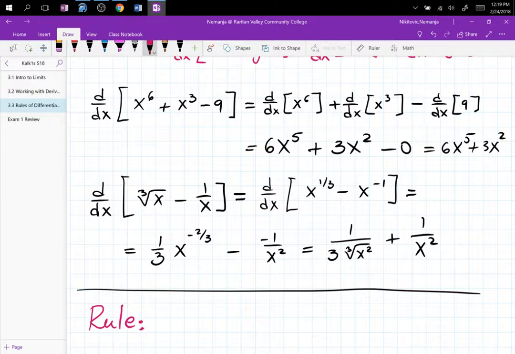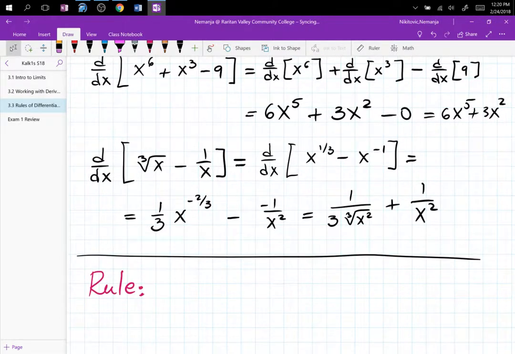Could you keep it as x to 2/3? Yes. You are allowed to write 2/3 over here, sure. It's going to be positive because it went in the denominator. So the negative over here is what shifts it down, and then the exponent makes either the roots or you leave it as exponent. Yep.